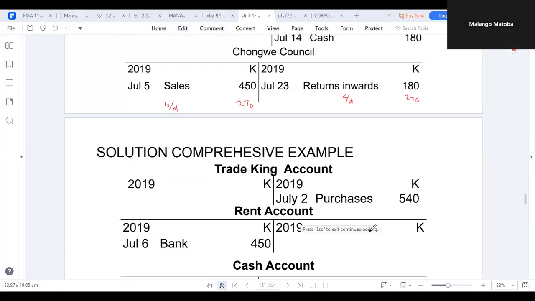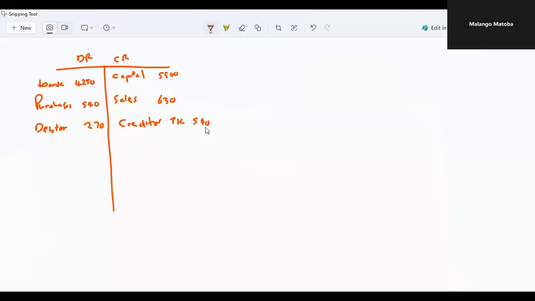So can you tell me, what balance do we have for rent? We put our Trade Kings credit at 540. Then we have rent there. What do you think the balance will be for the rent account?